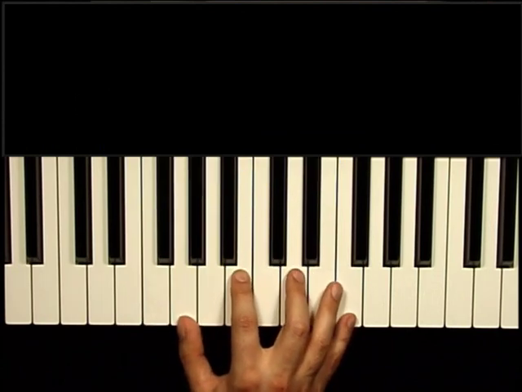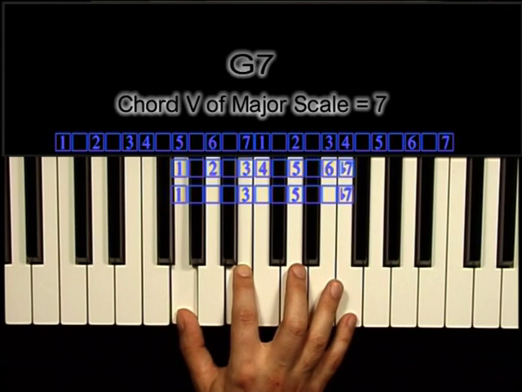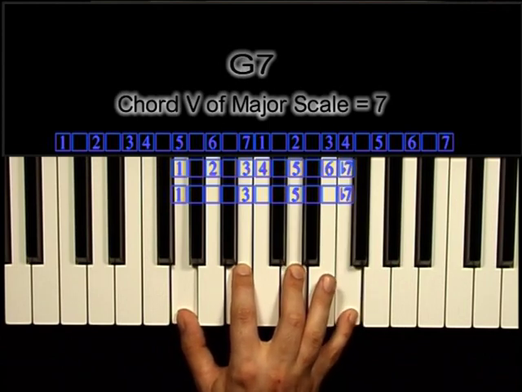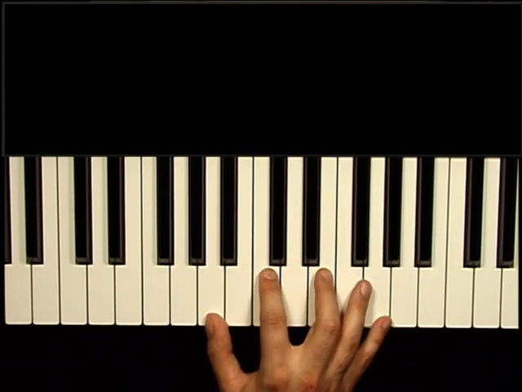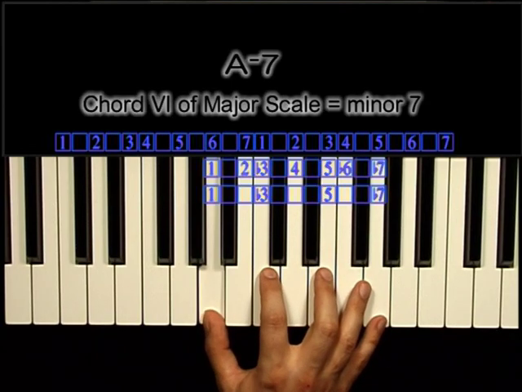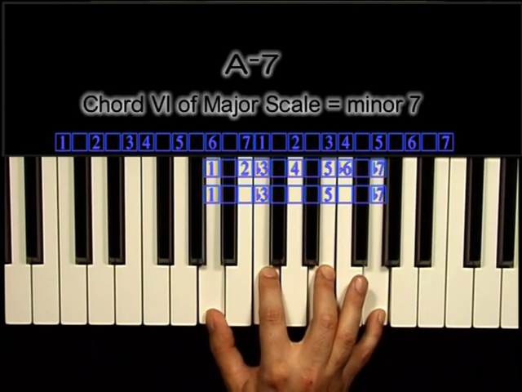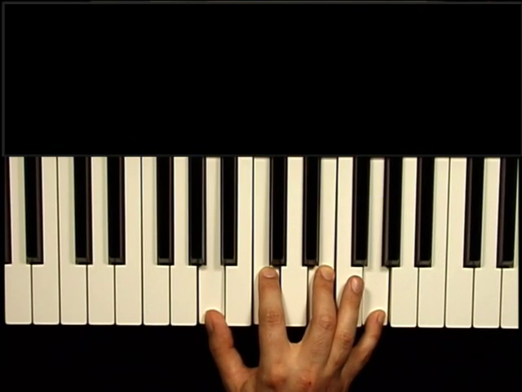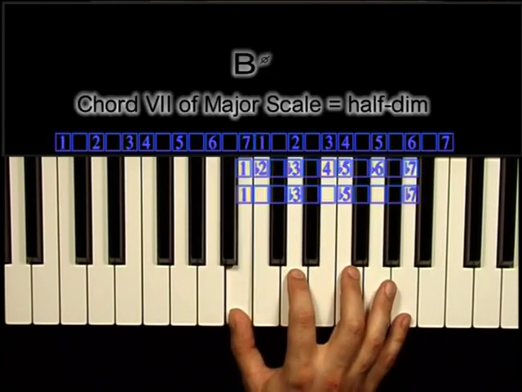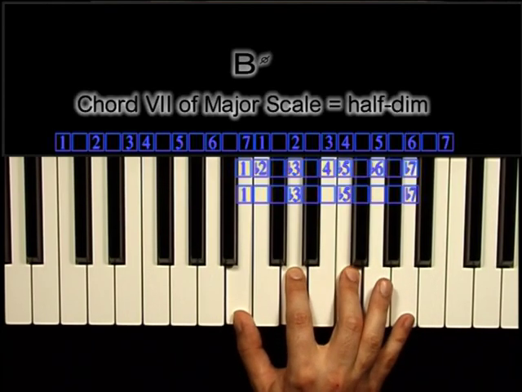From the Mixolydian, we get 1, 3, 5, flat 7. From the Aeolian, we get 1, flat 3, 5, flat 7. From the Locrian, we get 1, flat 3, flat 5, flat 7.